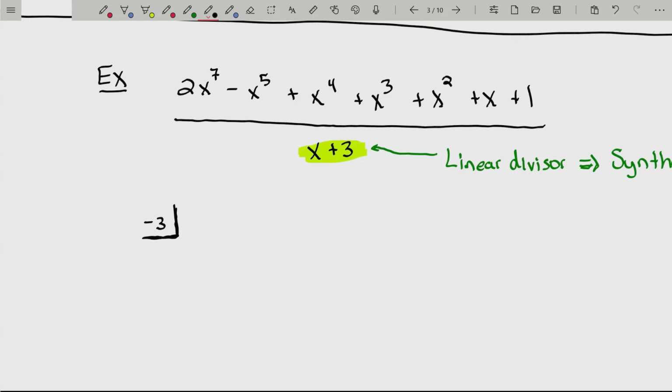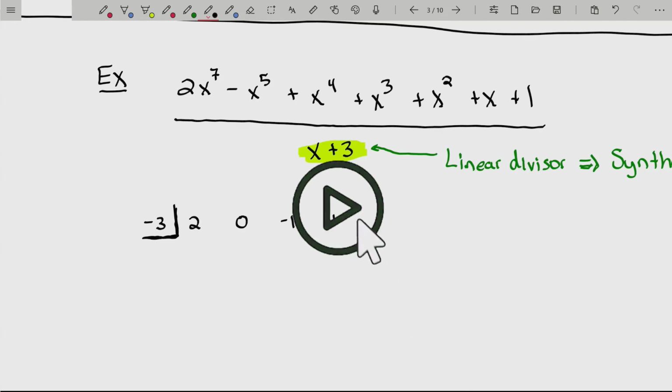There we go. And my coefficients of my polynomial in the dividend are 2 on the x to the 7th, a 0 on x to the 6th, a -1, a 1. I should have had you try this to begin with, sorry. You can always pause and go ahead and try the rest of this.